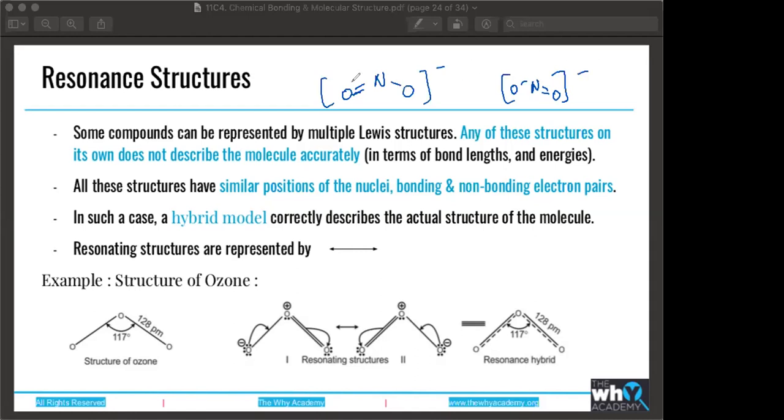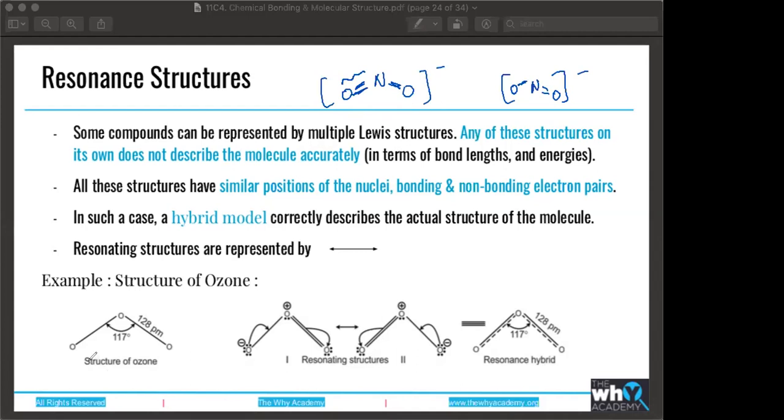Now, this should mean that if you measure the bond length and bond enthalpy, they should be different for both of these. Theoretically one is a double bond, one is a single bond, so one bond should be shorter than the other. But practically if it is measured, that is not the case.